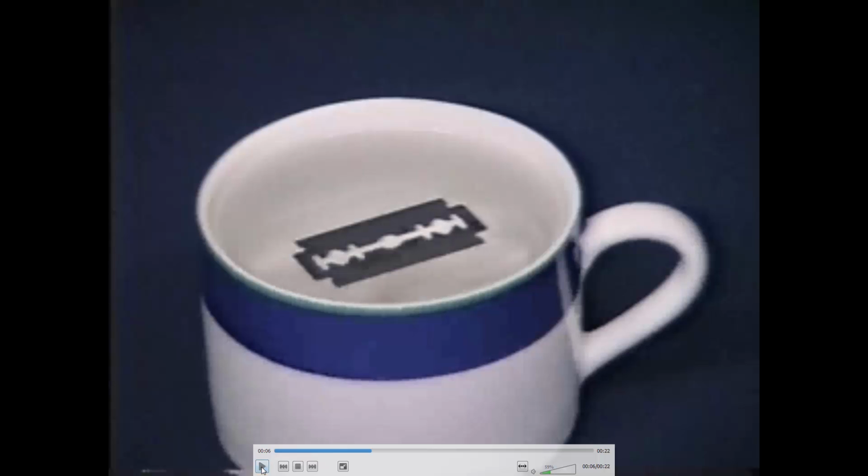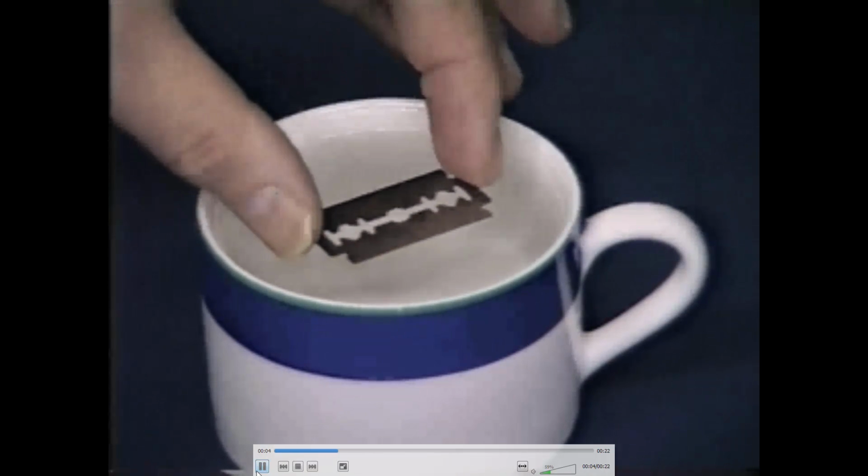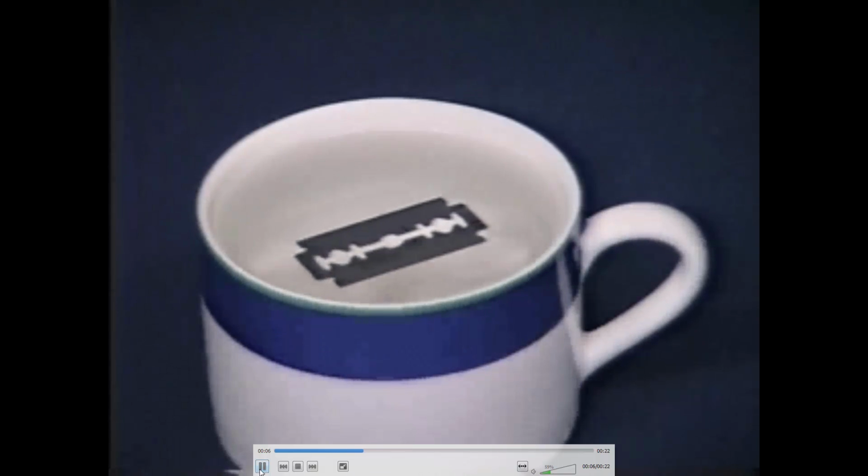This is a cup of water. It's a razor blade, which is made out of steel, and it's floating on the water.